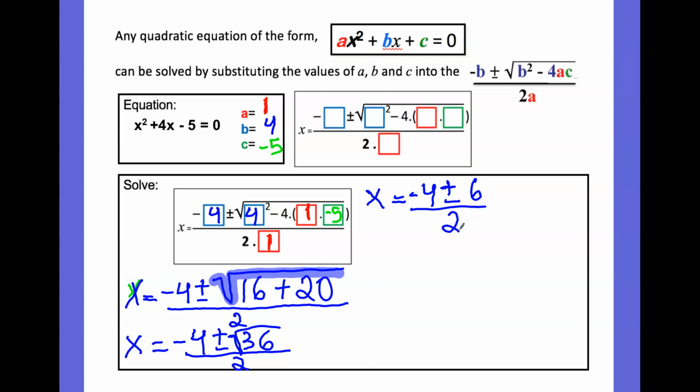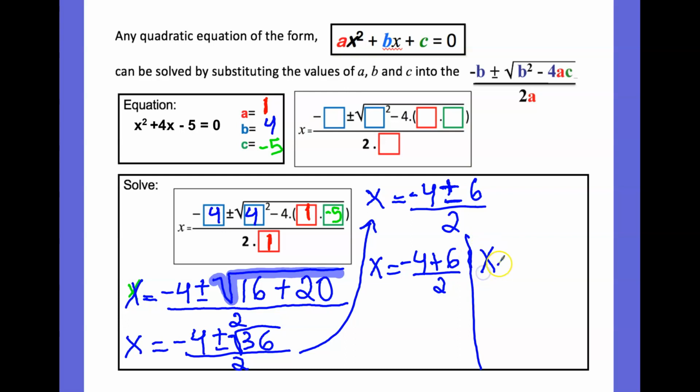Now I still need to do the math, negative 4 plus 6 and negative 4 minus 6. So let's set up two different equations. One will be x equals negative 4 plus 6 divided by 2, and the other one will be x equals negative 4 minus 6 divided by 2.